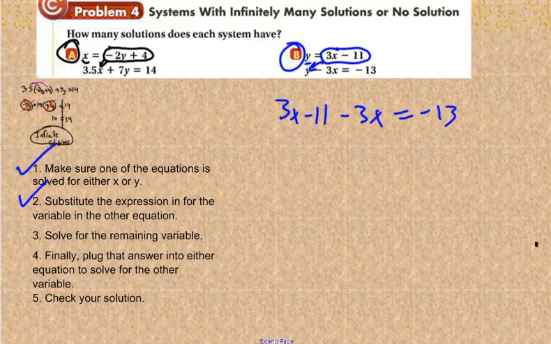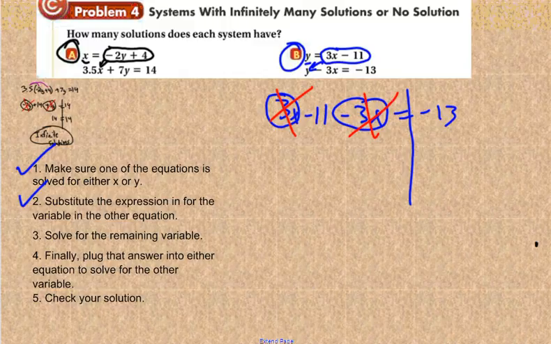Now we're going to try to solve for the remaining variable, and there's only an x. On the left side, like last time, we have two terms we can combine, this positive 3x and this minus 3x. That cancels out again, so those x's are gone.